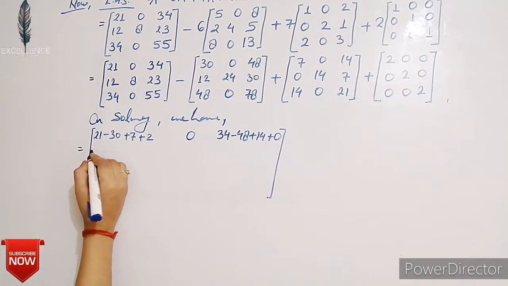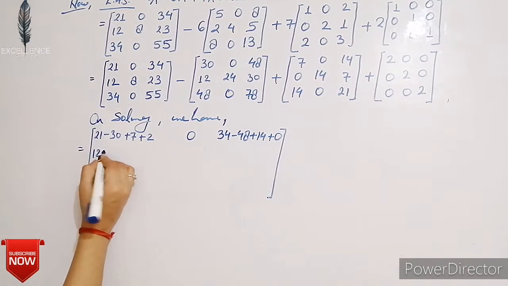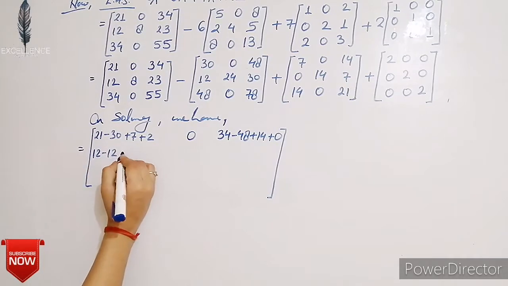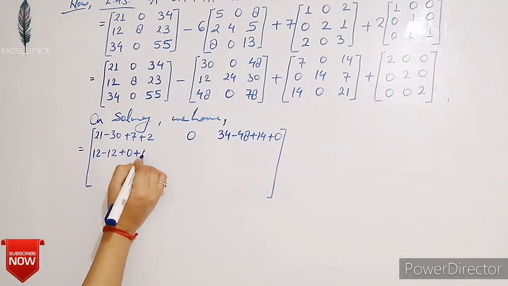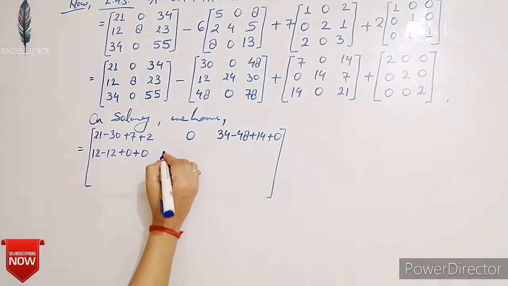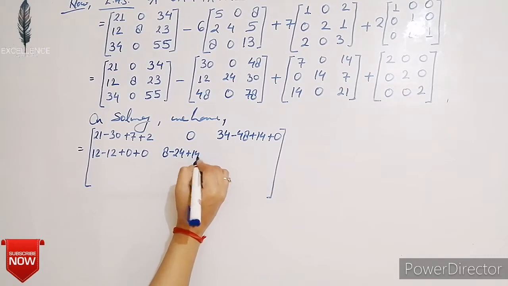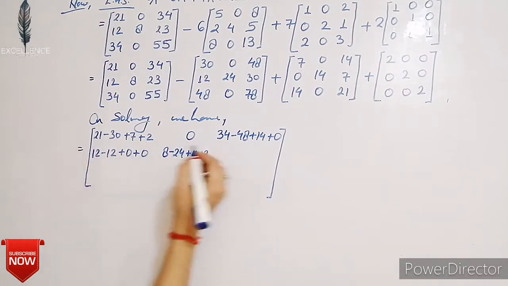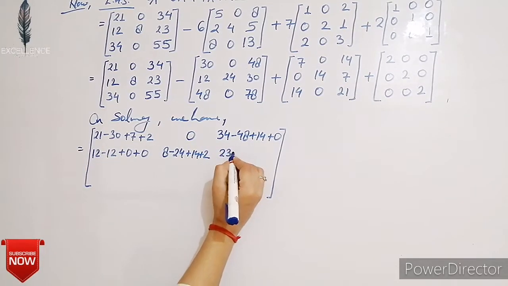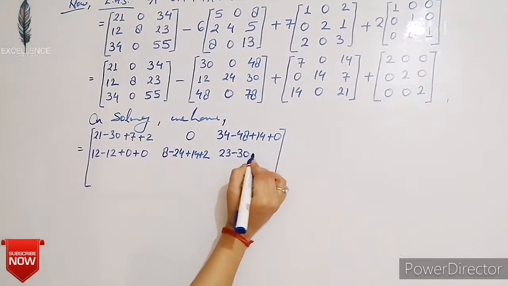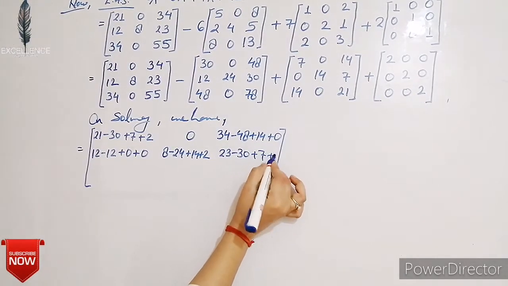Now in the second row, the first element is 12 minus 12 plus 0 plus 0. Here we solve the corresponding elements. Okay. Next is 8 minus 24 plus 14 plus 2 and next is 23 minus 30 plus 7 plus 0.